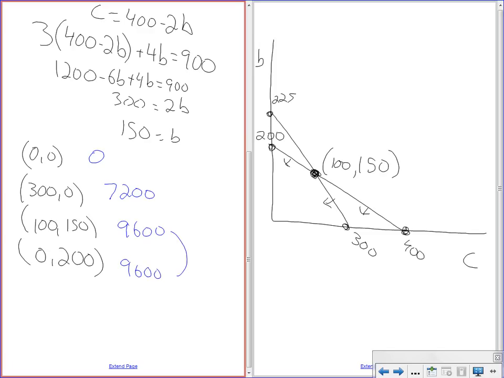And like I was saying yesterday, with linear combinations, depending upon objective functions and some of the parameters, it is completely feasible to wind up with two correct answers, and that's fine. It doesn't happen very often, but it is completely reasonable. So they could either plant 200 acres of beans or 100 acres of corn and 150 acres of beans to make the same amount of money.